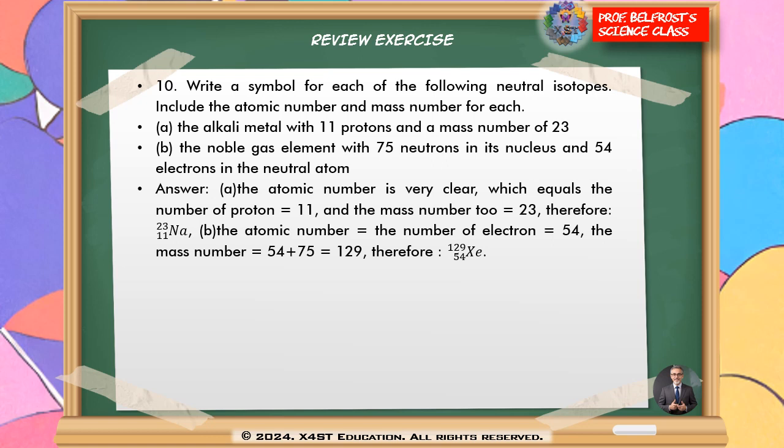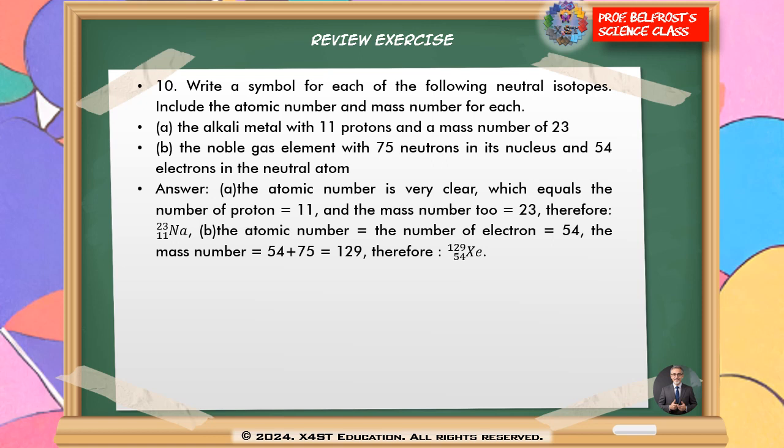For the first one, the atomic number is very clear, which is equal to the number of protons, 11. The mass number is also given, which is 23. Then you can write it as 23 11 Na. For B, the noble gas element with 75 neutrons, the number of protons is equal to the number of electrons because this is a neutral atom.